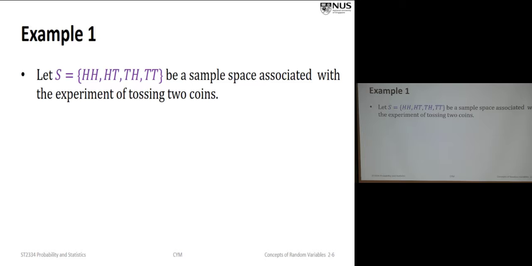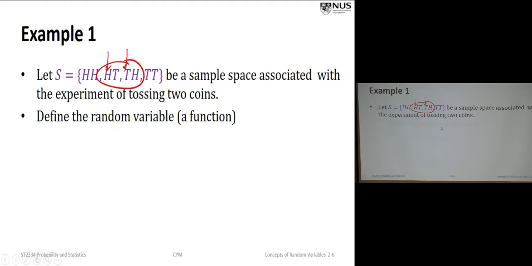The first entry in this pair refers to the red coin, and the second one refers to the blue coin, so that all these are equally likely. If you don't distinguish them, then when you toss two coins, these two seem to you to be the same outcome. But in fact, they may come from different outcomes. The first one may mean the first coin is head, while this one means the first coin is tail. So they're different outcomes.